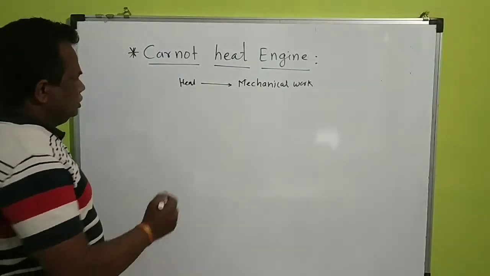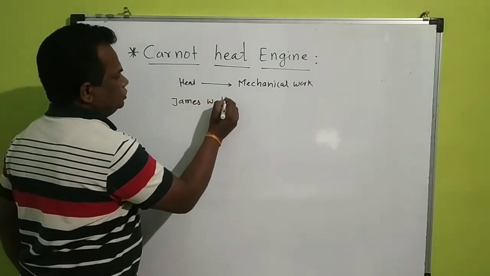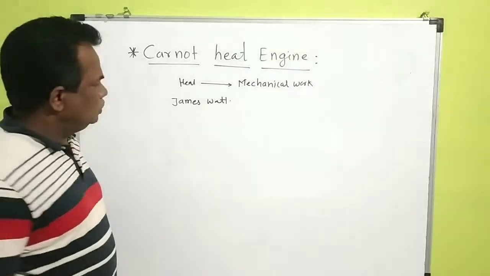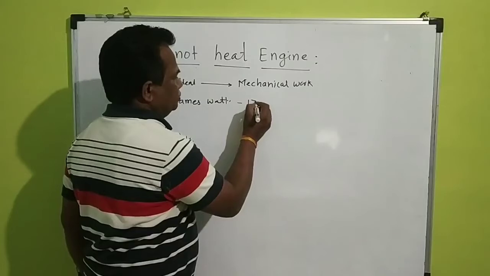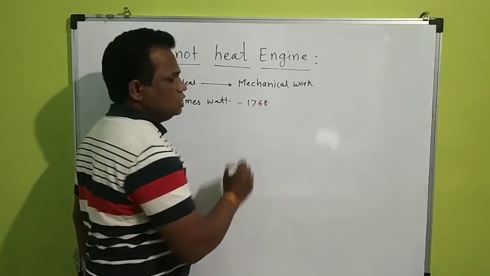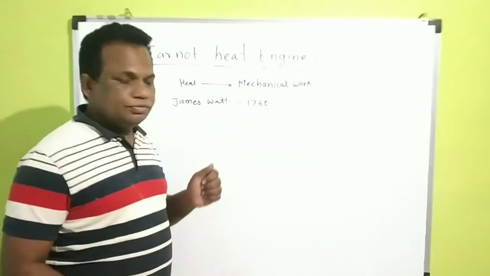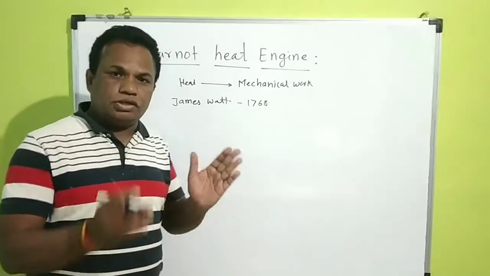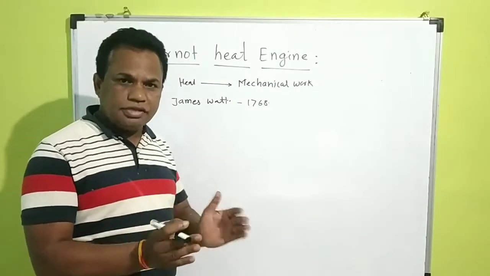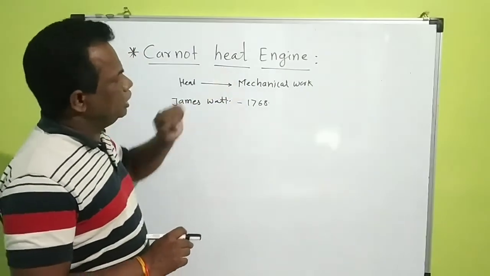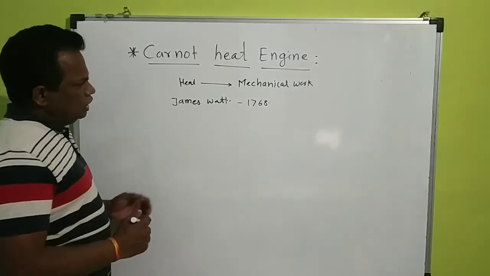You know James Watt, the famous scientist who produced the steam engine in nearly 1765 to 1768. In that he used water vapor as the working substance which converts the heat energy into mechanical work.